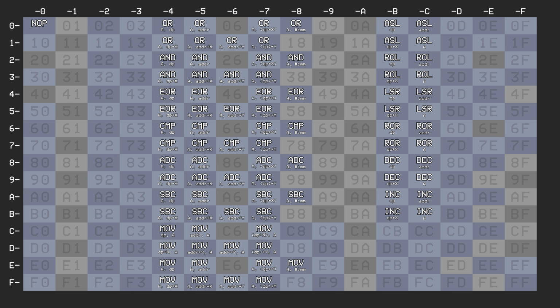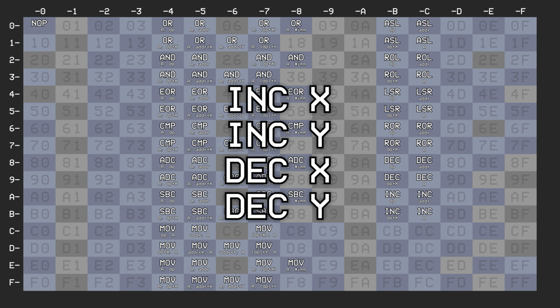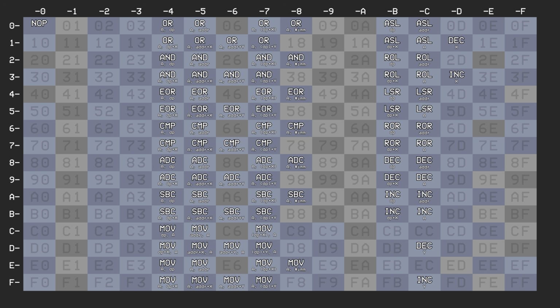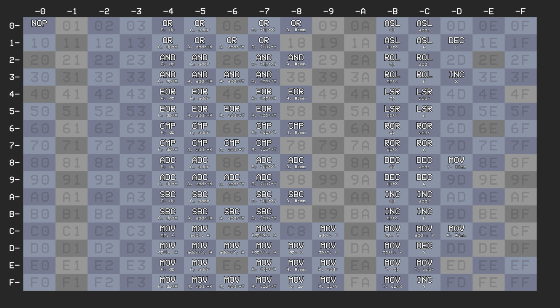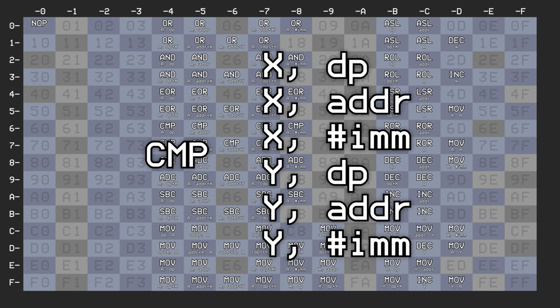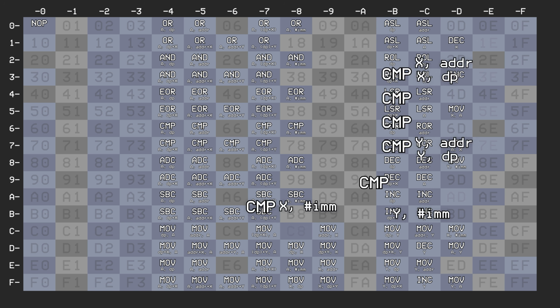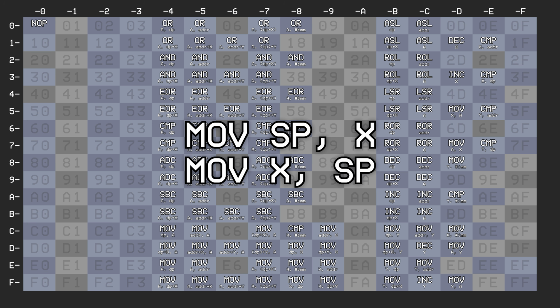The increment and decrement instructions can also act on the X and Y index registers. The index registers also get a few more instructions, including loading and storing. They also have transferring to and from the accumulator, as well as comparing to an immediate, direct page access, and word address access. There are also 2 instructions that transfer the value in the X register to the stack pointer and vice versa, which is the only way to directly modify the SP register.